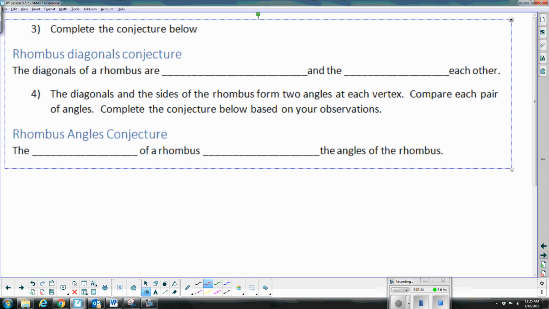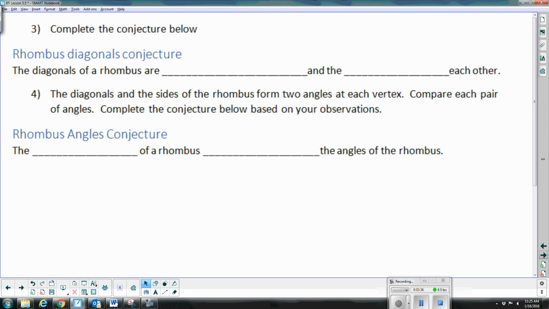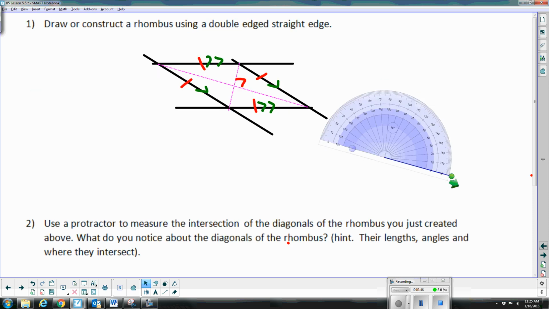So let's look at these conjectures. It says the rhombus diagonal conjecture. The diagonals of a rhombus, if you look back at your diagram, these two diagonals, we discovered that those are perpendicular.